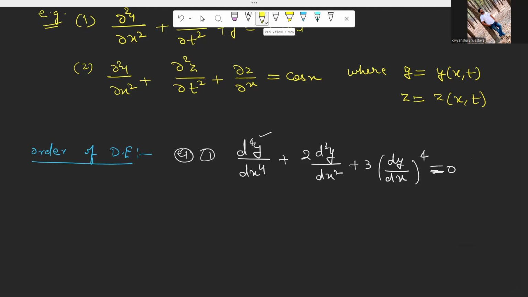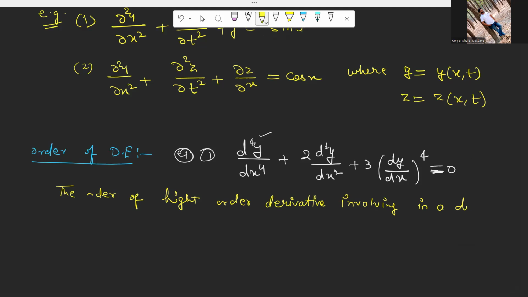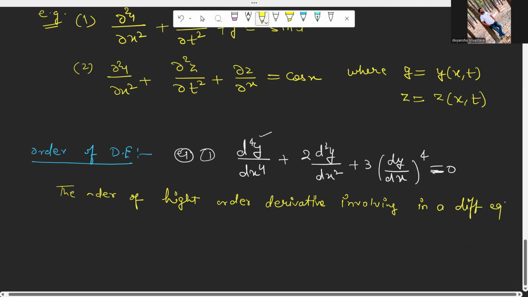Here the order says that the order of the highest order derivative involved in a differential equation is called the order of the differential equation.